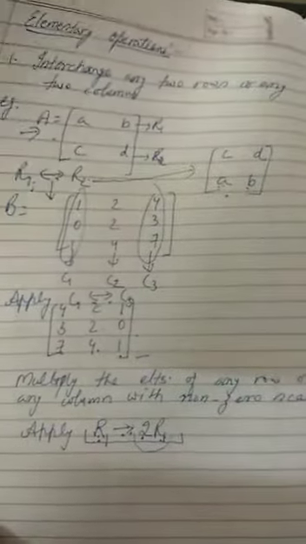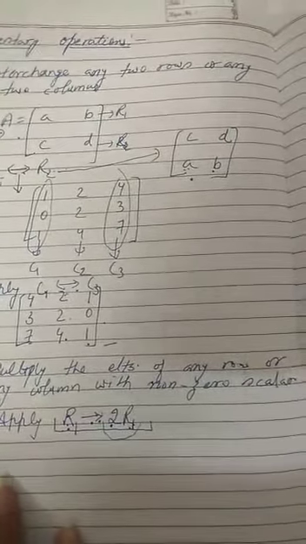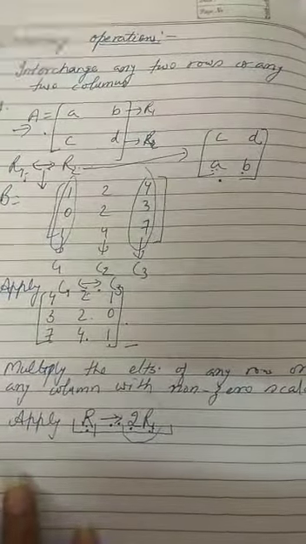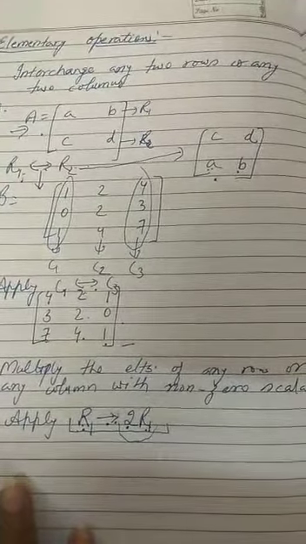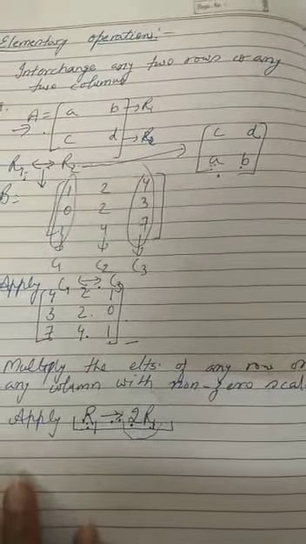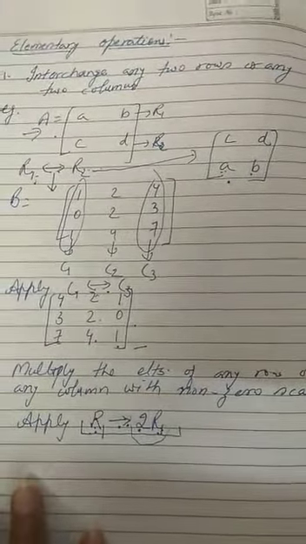So this is our second operation, where the second operation says that we can multiply the elements of any row or any column with a non-zero scalar. At the time we will multiply the elements of one row only or one column only. We will not mix the operations here. So take care of this thing, right? Now the third operation. What is the third operation?